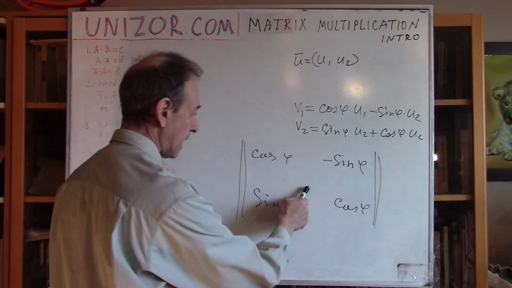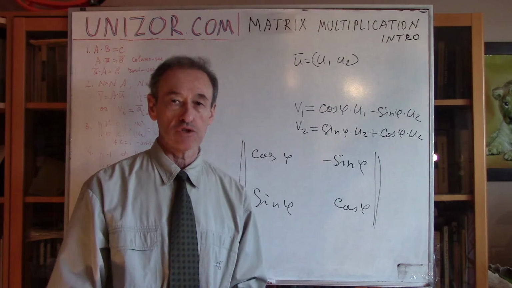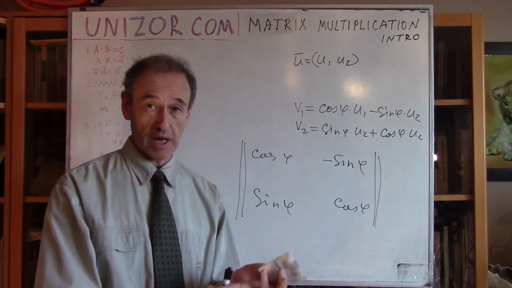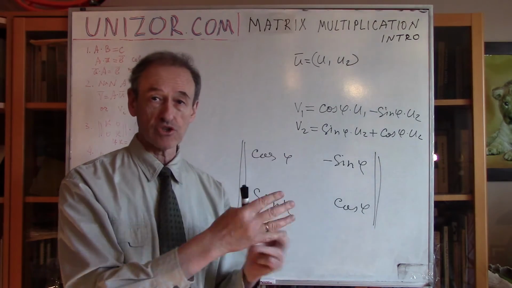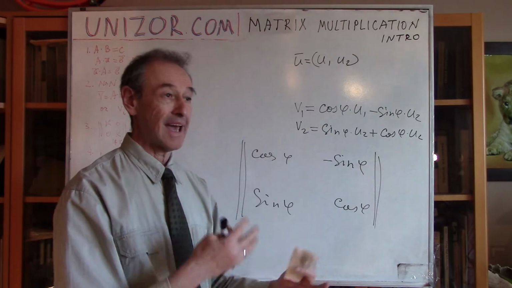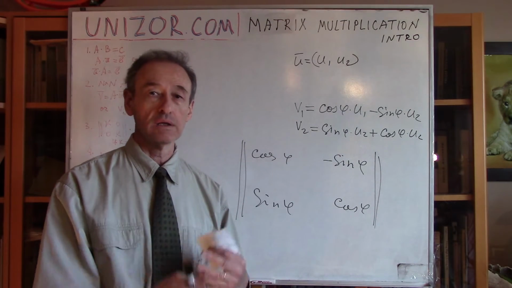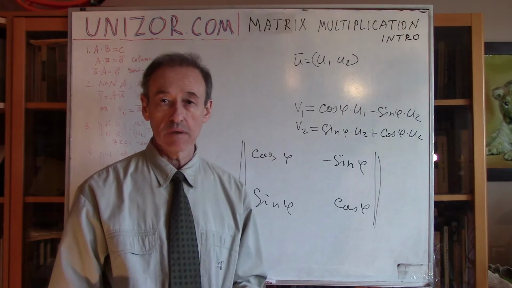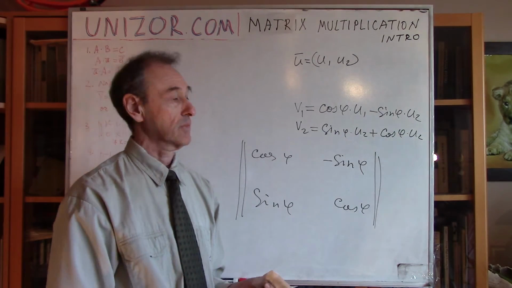So this matrix specifies the rotation. Basically, what we have done right now, we have specified stretching, different reflections, and rotation. Any kind of linear transformation is a combination of these basic transformations.